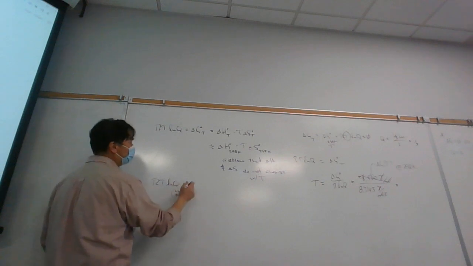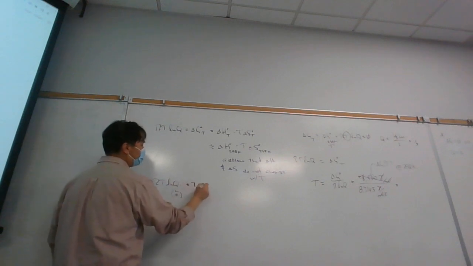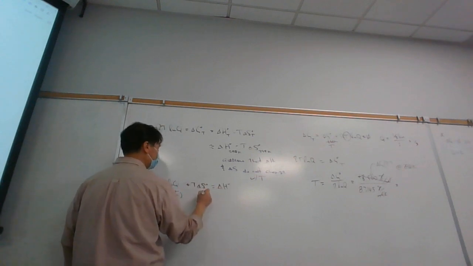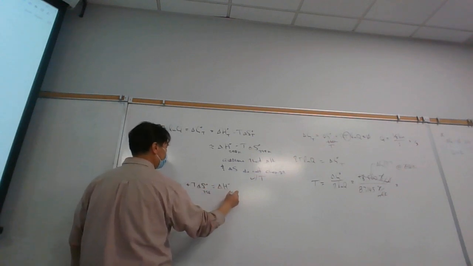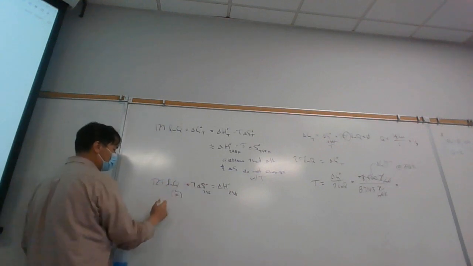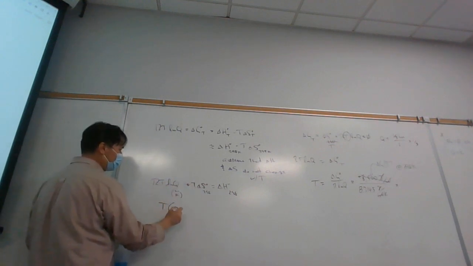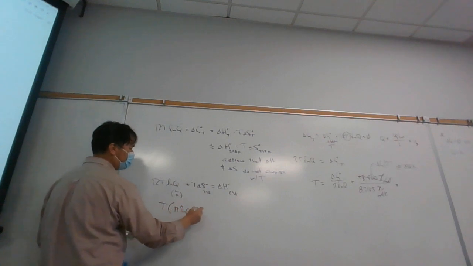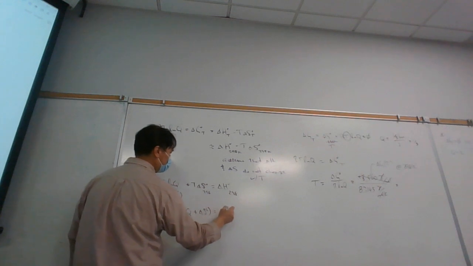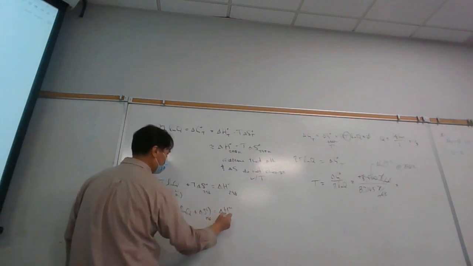RT ln of Q plus T delta S naught is equal to delta H naught. And so this will be at 298, this will be at 298. And then we'll factor out the T, so we're going to get T times R ln of Q plus delta S naught is equal to delta H. It'll be 298, 298.